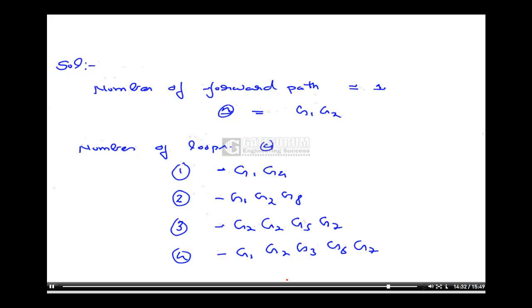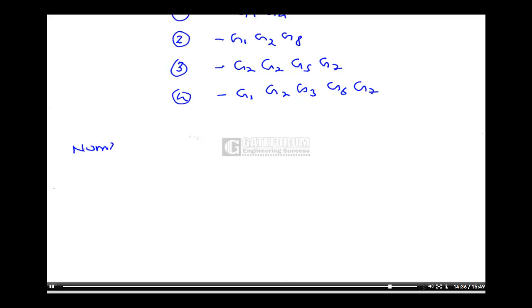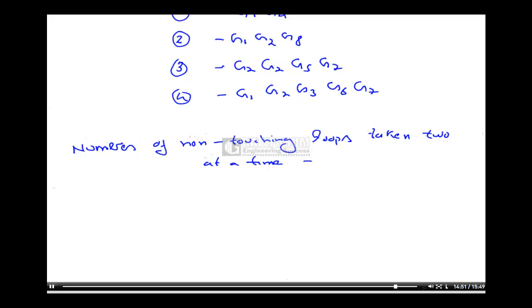If we look for any non-touching loops, the number of non-touching loops taken 2 at a time is 0.